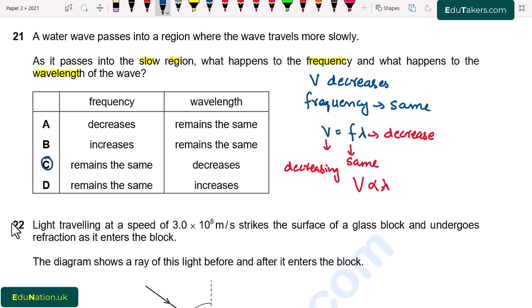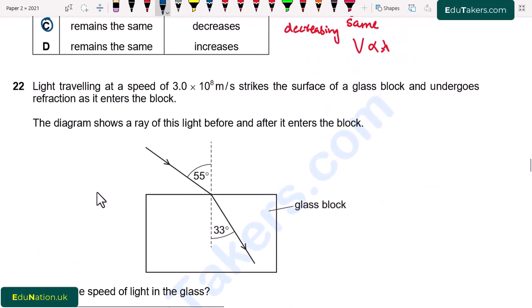Question number 22. Light traveling at a speed of 3.0 × 10^8 meters per second strikes the surface of a glass block and undergoes refraction as it enters the block. The diagram shows a ray of this light before and after it enters the block.